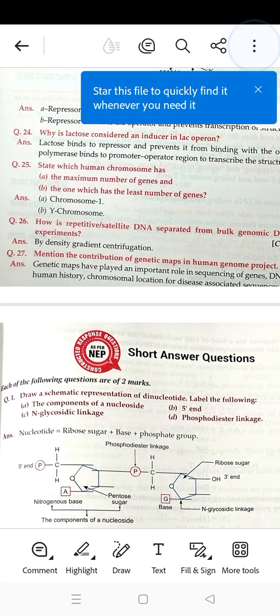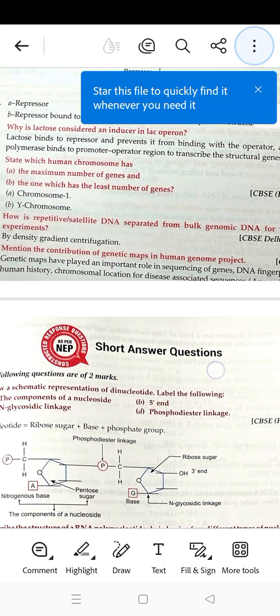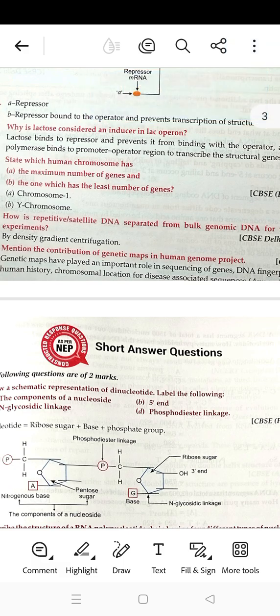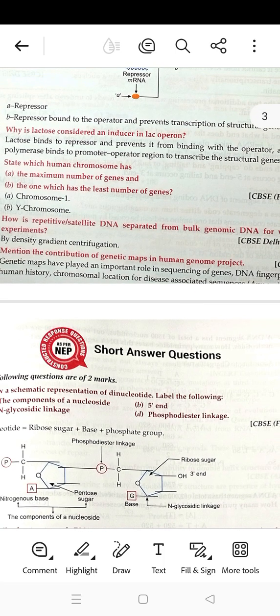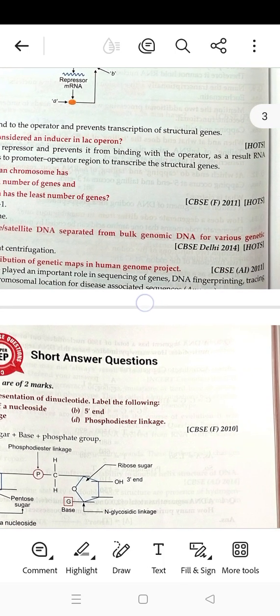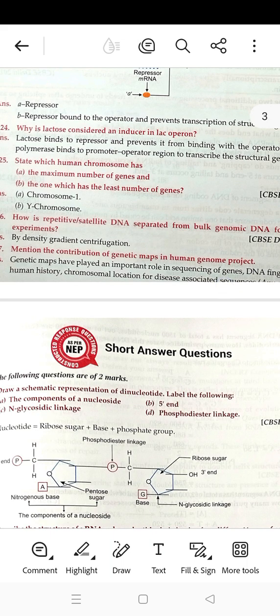Mention the contribution of genetic maps in Human Genome Project. So genetic maps have played an important role in the sequence of genes, DNA fingerprinting, tracing human history, and chromosomal location for disease associated with sequence.